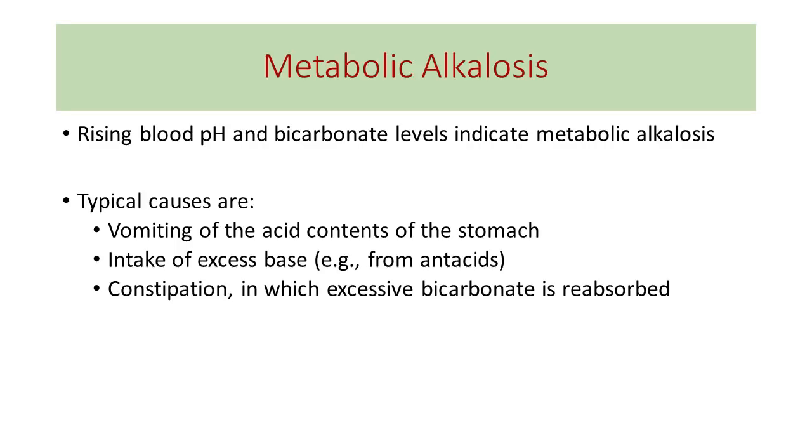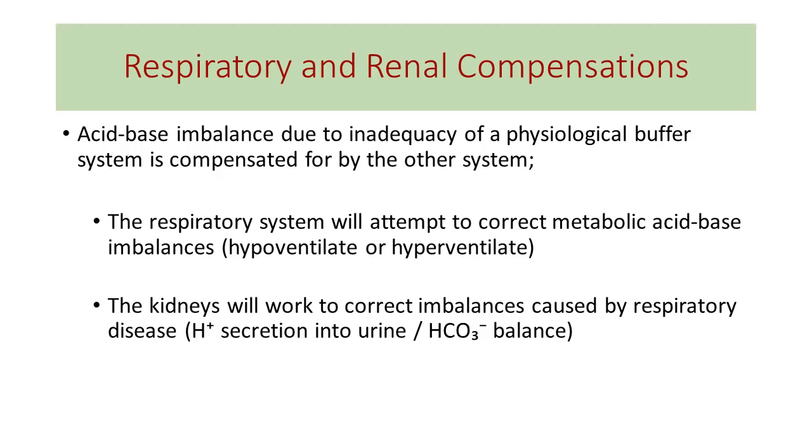And conditions of constipation, where people are not having regular bowel movements and the waste materials stay inside the digestive tube for prolonged periods of time, give your digestive system more time to absorb more of the bicarbonate that's in those digestive juices, and it can potentially cause you to go into a state of metabolic acidosis.